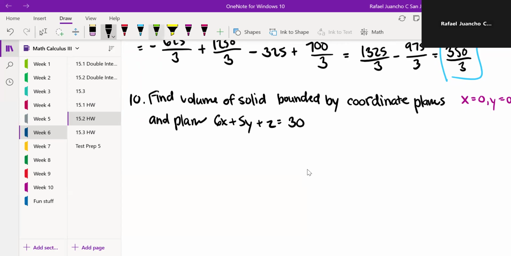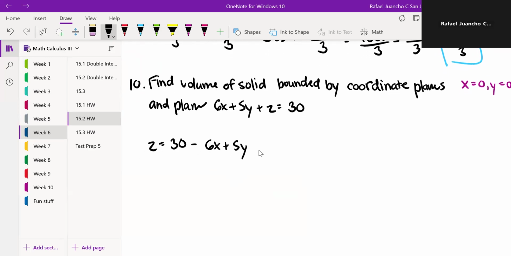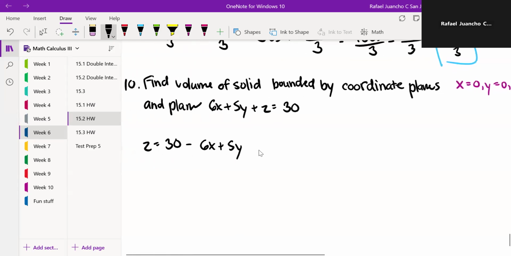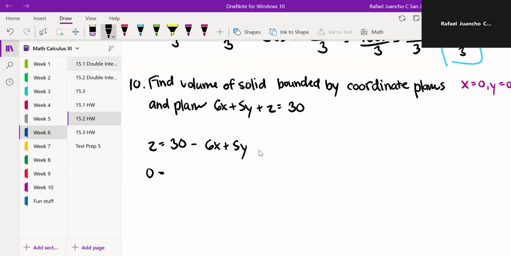So first is find the integral. So here maybe I would isolate z. So that would be a function. I would make it 0. If I make it 0, this is just that.